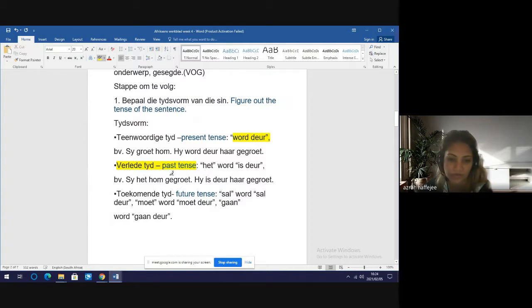So sy het hom gegroet, hy is deur haar gegroet. In die toekomende tyd, which is a future tense, we will use sal deur. Right, so all I want you to worry about is word deur is used for teenwoordige tyd, is deur is used for the verlede tyd, and sal deur is used for the toekomende tyd when you are doing leidende vorm.